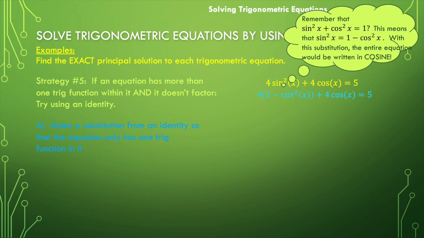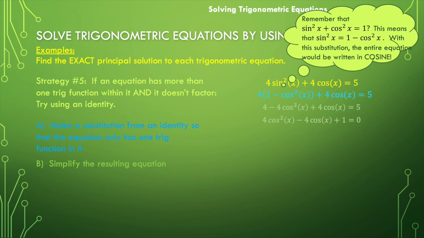Great. Distribute that 4 through. So 4 minus 4 cosine squared of x plus 4 cosine of x is equal to 5. Excellent. Rearrange things so that our cosine squared term is in the front. So let's shift this to the right, shift this to the right, and shift this to the right. We would end up with 4 cosine squared of x minus 4 cosine of x plus 1 is equal to 0.